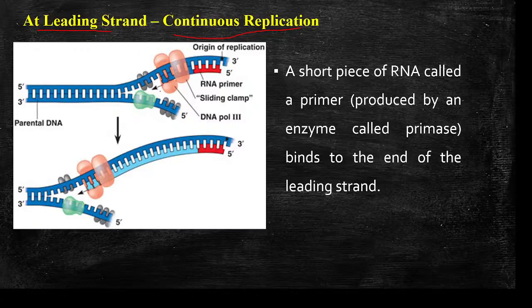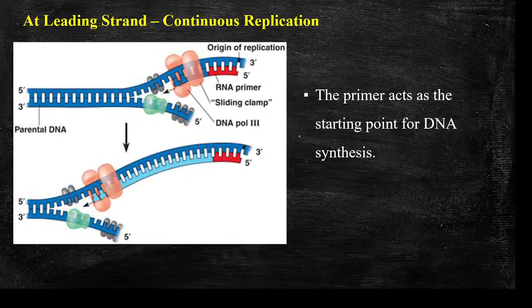At the beginning, a short piece of RNA, which we call an RNA primer, will bind to the end of the leading strand. This primer acts as the starting point of DNA synthesis.